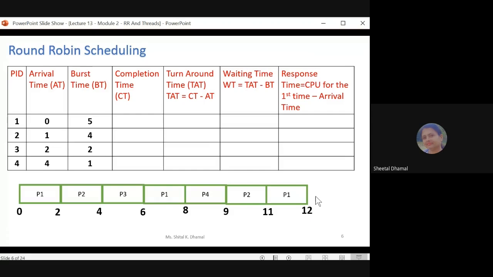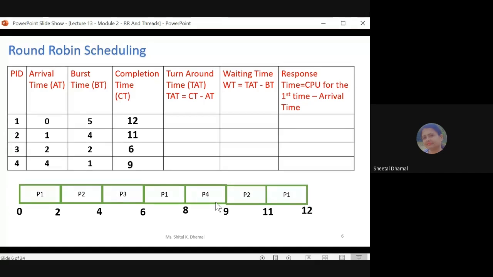So I will write that 12 over here. Then what is the completion time for the process P2? It is 11, because process P2 completed here. Where did process P3 complete? It completed here. So the completion time of P3 was 6 and the completion time of P4 is 9.